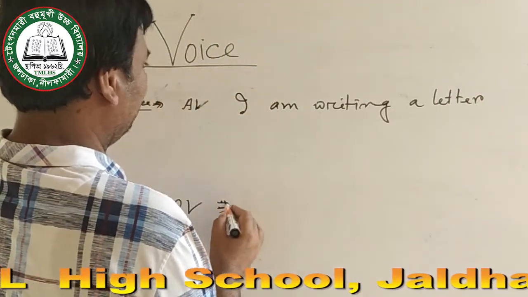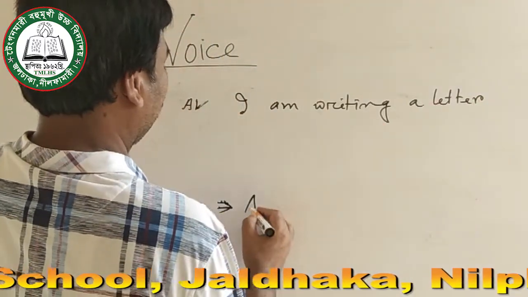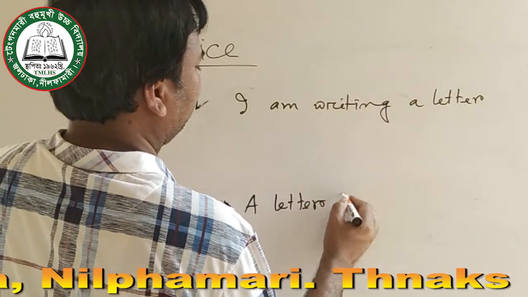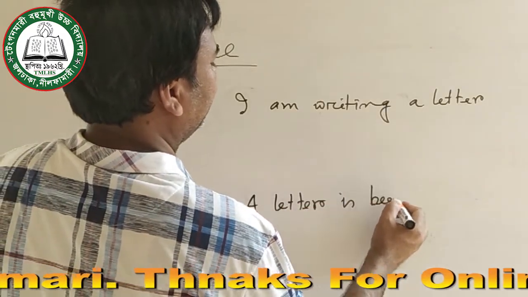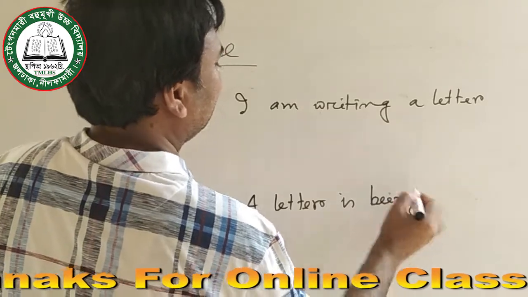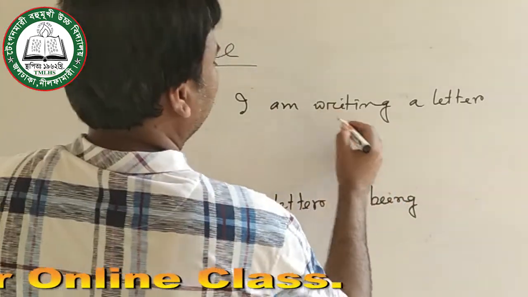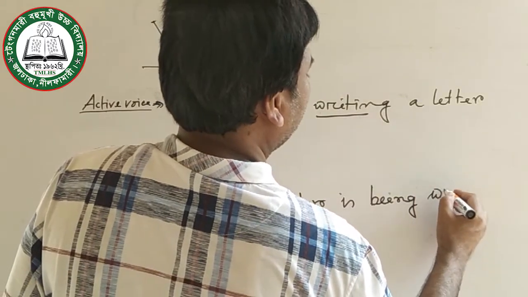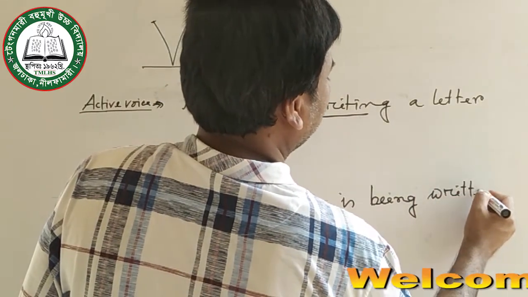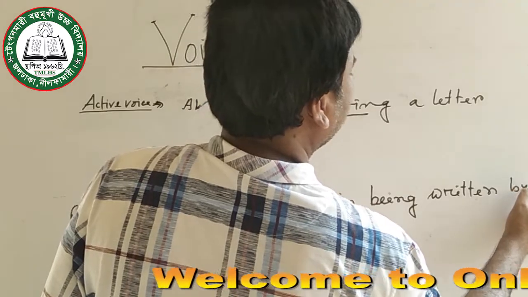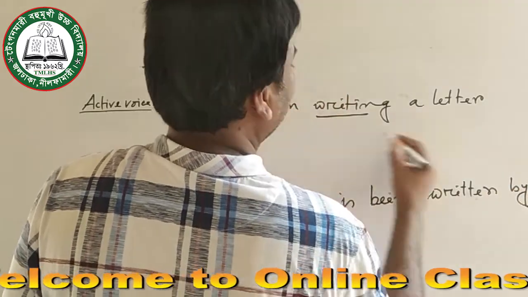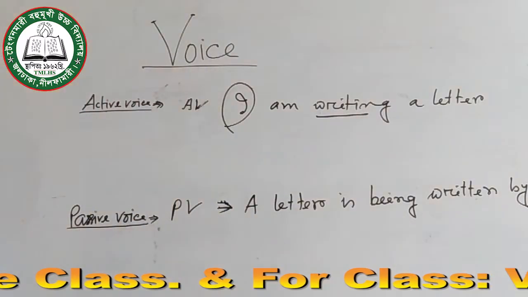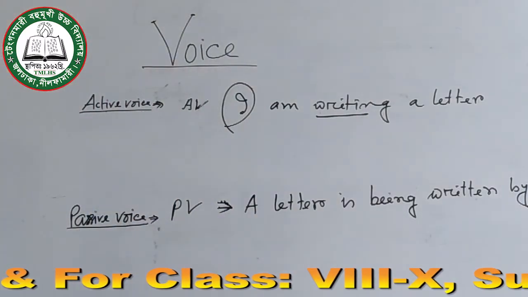My dear student, look at here, a letter is, here is being, because it is continuous tense. Being, our next written, write, wrote, written, past participle, written, preposition by, here subject I, so it is me. A letter is being written by me.